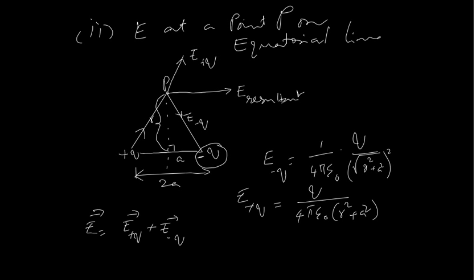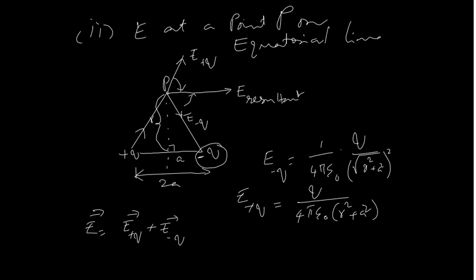So here we need to find out the component of this would be like this, the component of this would be like this onto this. So components of these two along this center line.